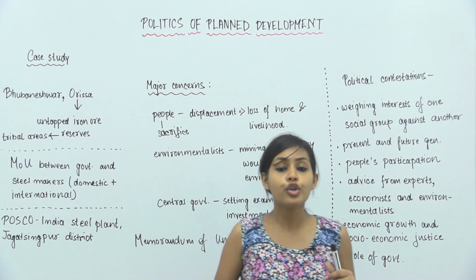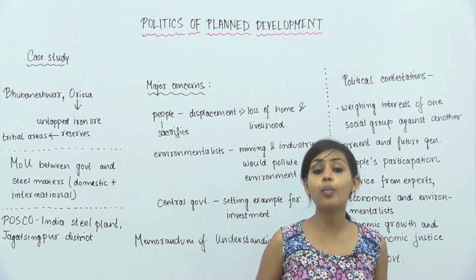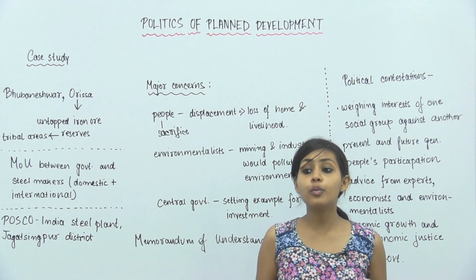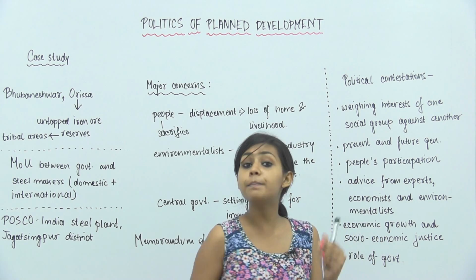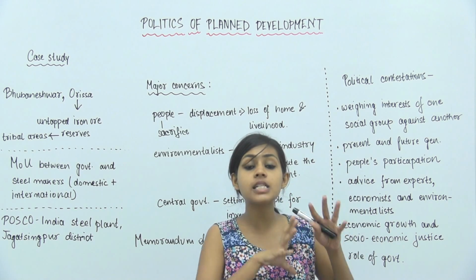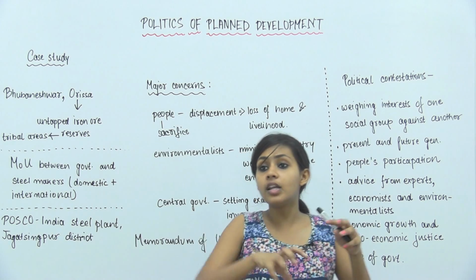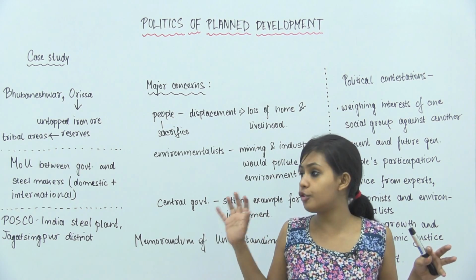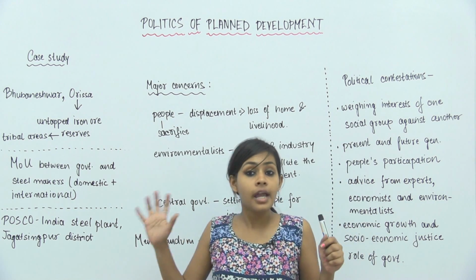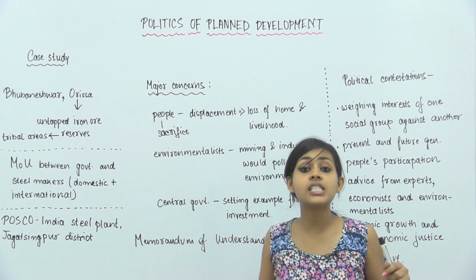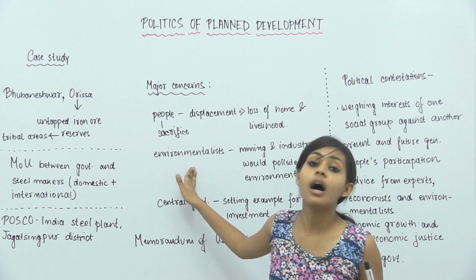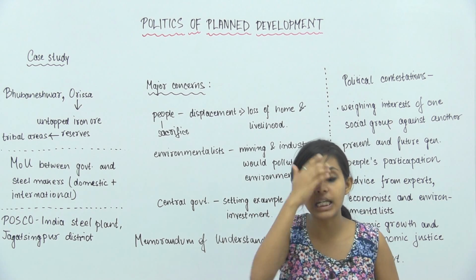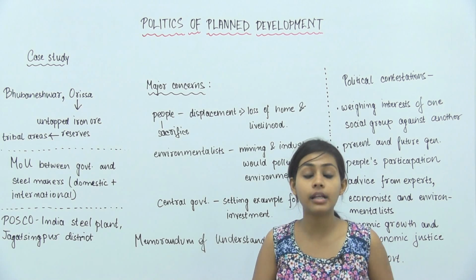If we want to say that okay, no, we want investment and we want to put the businessmen's interest first, then it harms the people who are getting displaced, and it harms the environment.